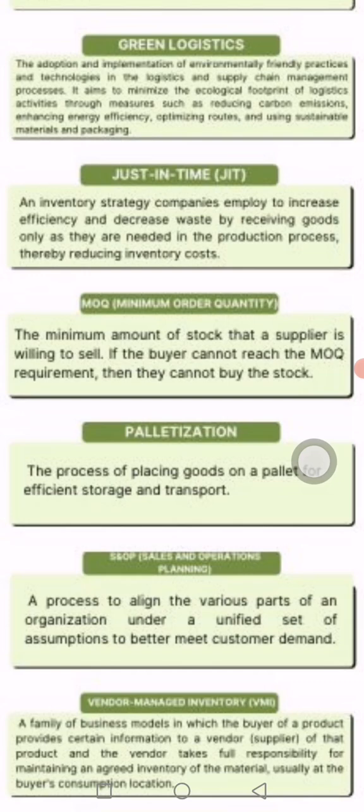Next one is S&OP, which in business means sales and operations planning, a process to align various parts of an organization under a unified set of assumptions to better meet customer demand.